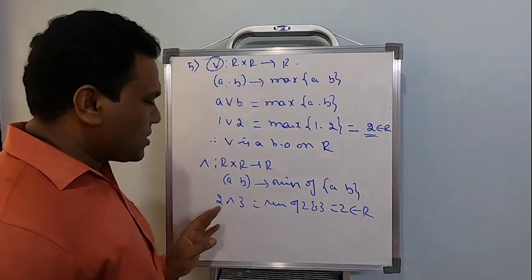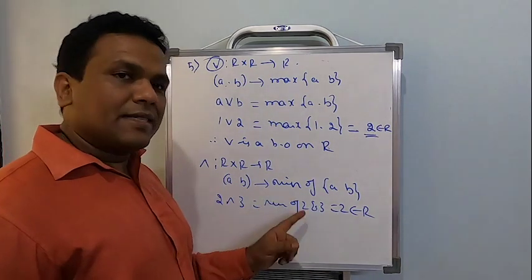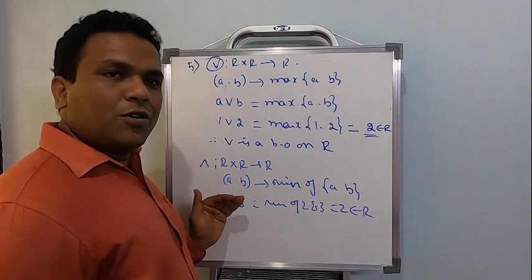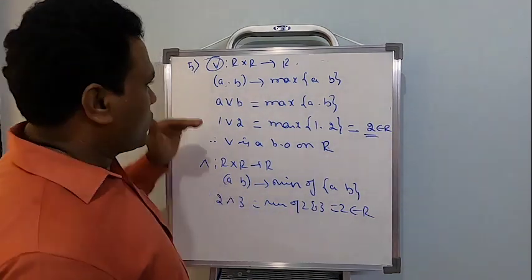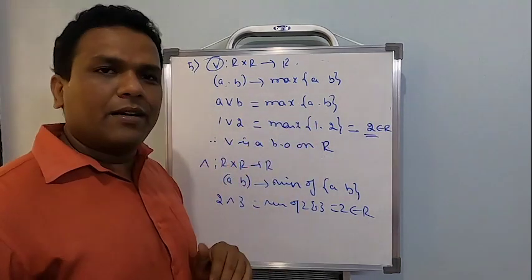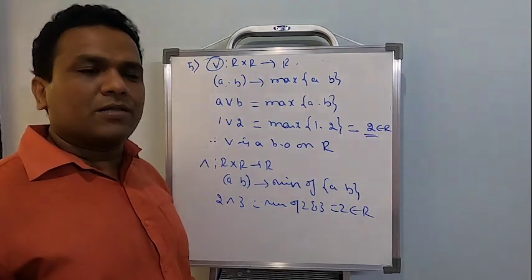Not just 2 and 3, you take any two real numbers and apply the given definition. The resultant element still exists in the given set. Hence, cap is going to be a binary operation. So you take the maximum or minimum of two real numbers, they are still going to be real numbers only. Hence, the given two operations are binary operations.